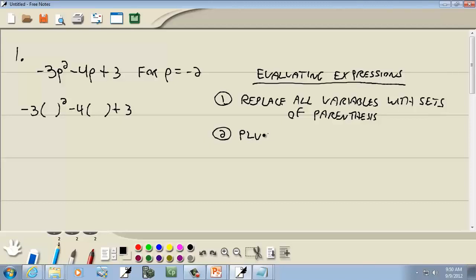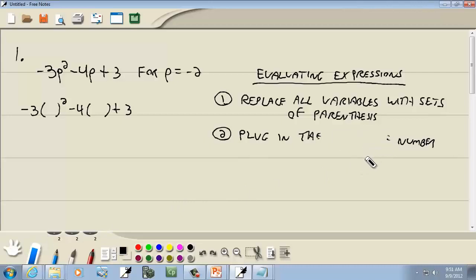Now step 2. Plug in the appropriate number in the parentheses. I write so sloppy you can't see that. I misspelled it. I used to be really good at spelling. Let me go back there and try that again.